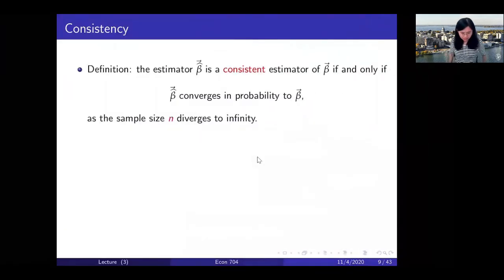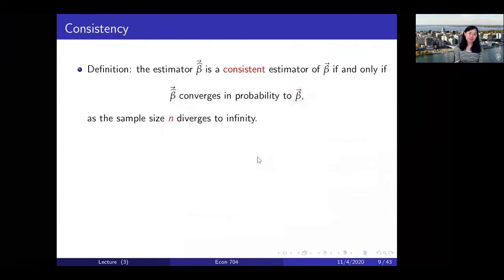So what is consistency? We have learned about consistency already in the first part of the course, but just to review, the estimator is consistent for the parameter that you're estimating if and only if the estimator converges in probability to the parameter, the target parameter value, as the sample size diverges to infinity.